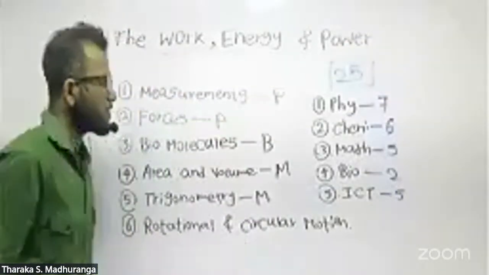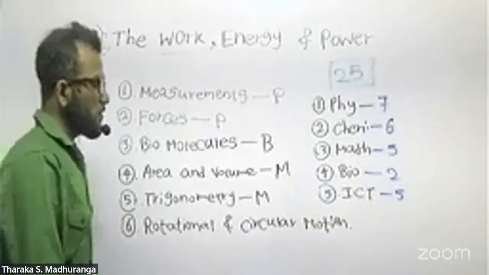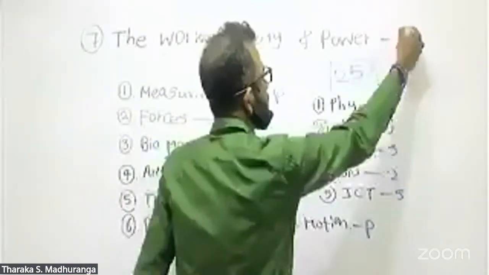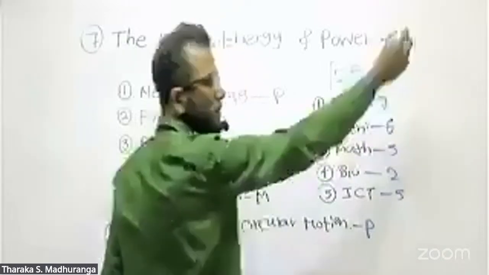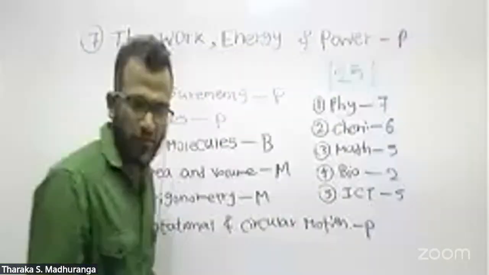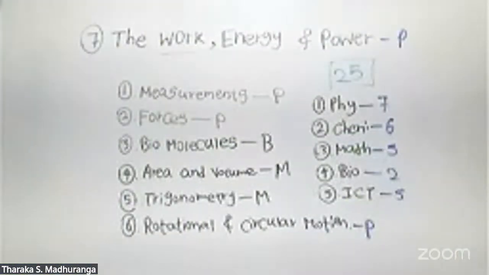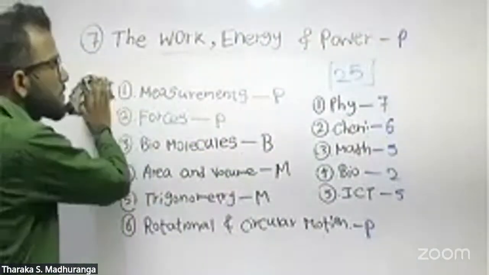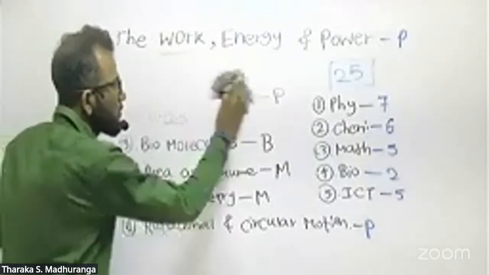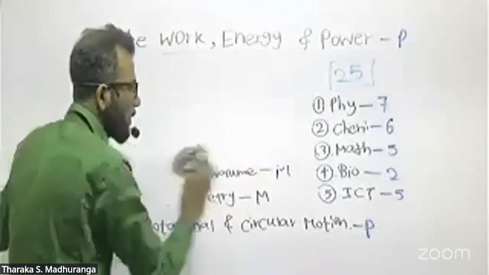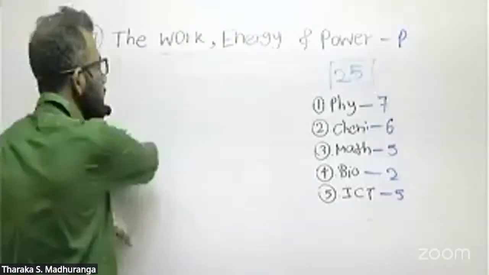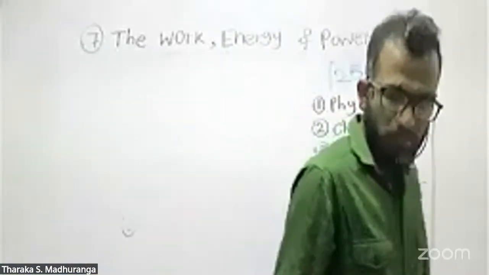Sorry, the rotational motion is also physics, so this is the fourth physics lesson. Okay, you don't need to write it like this. Just write down: the work, energy, and power.